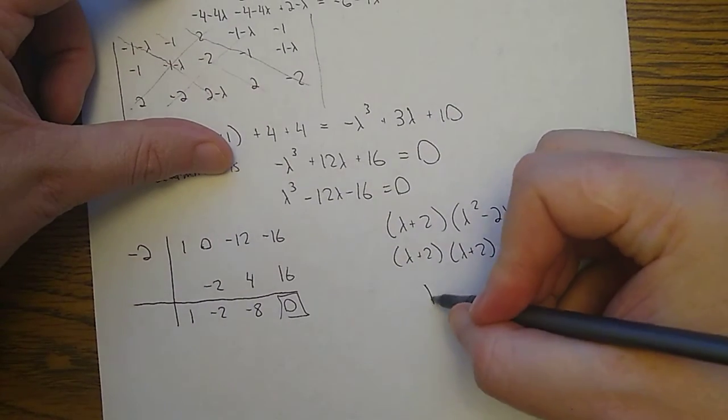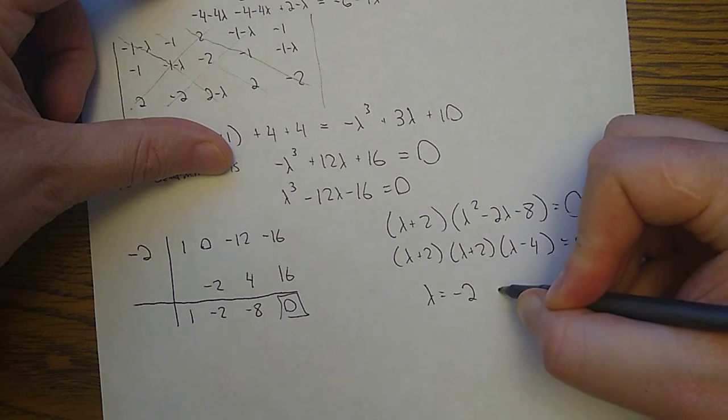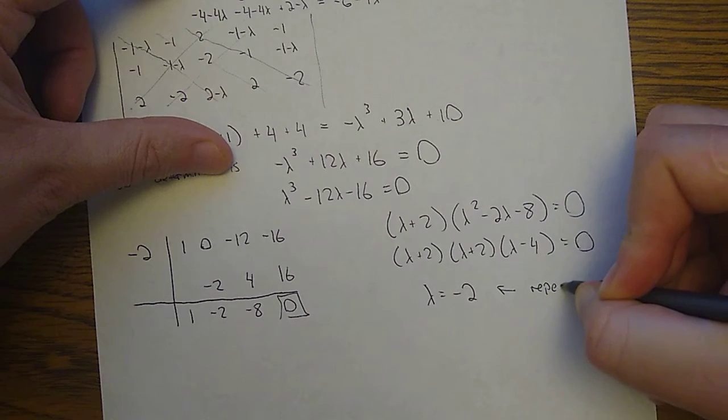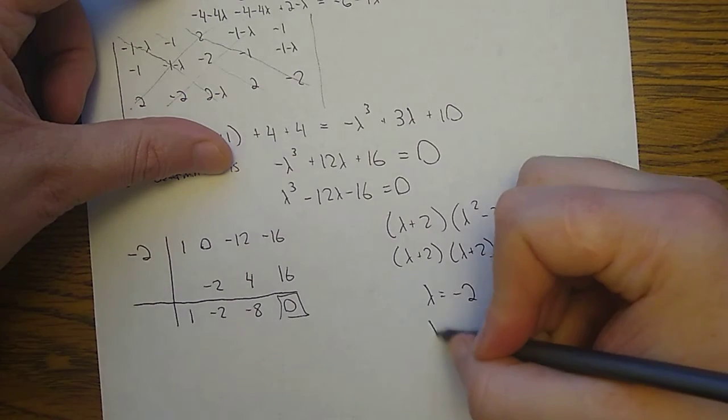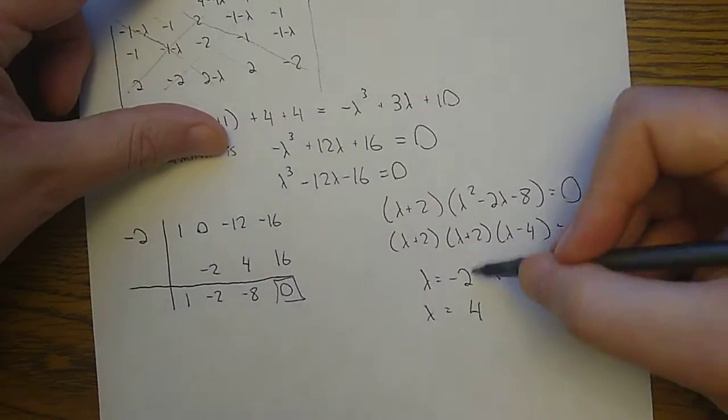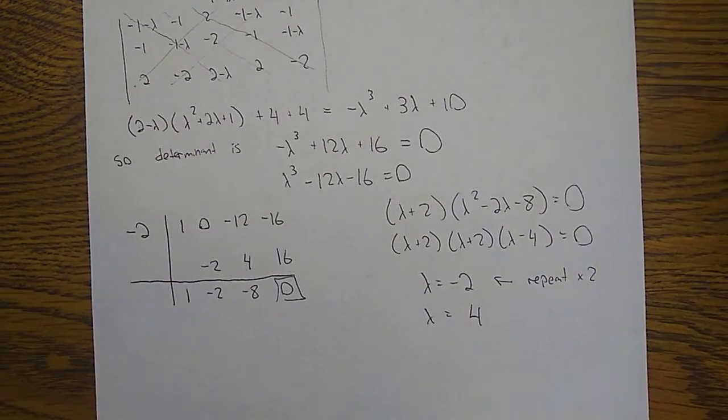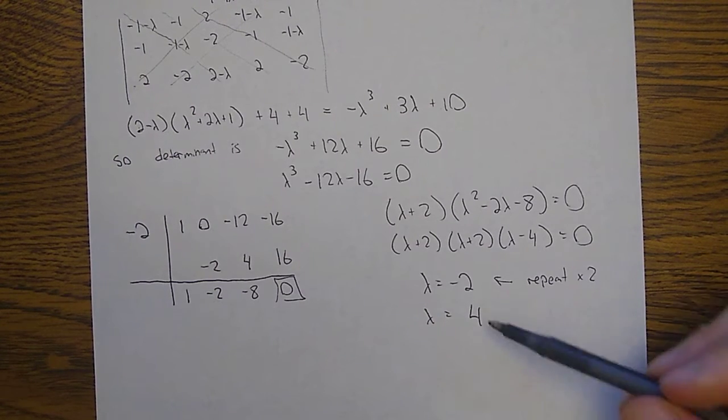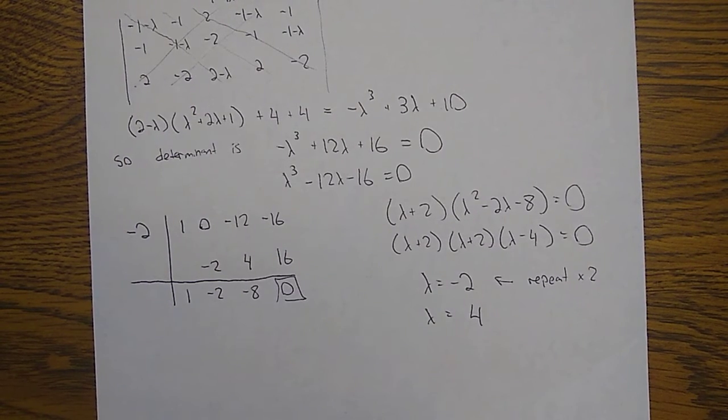All right. So I got a repeated eigenvalue of -2, and then just a regular eigenvalue of 4.